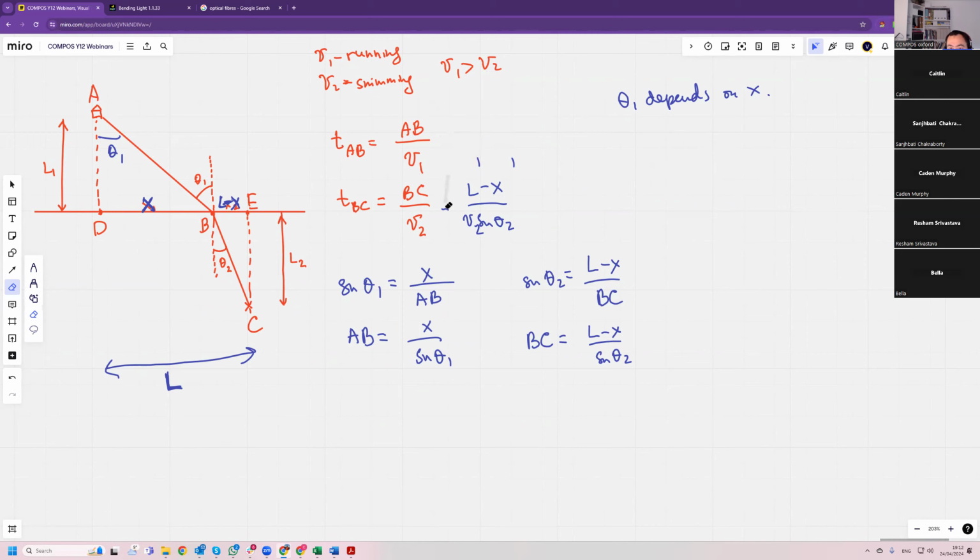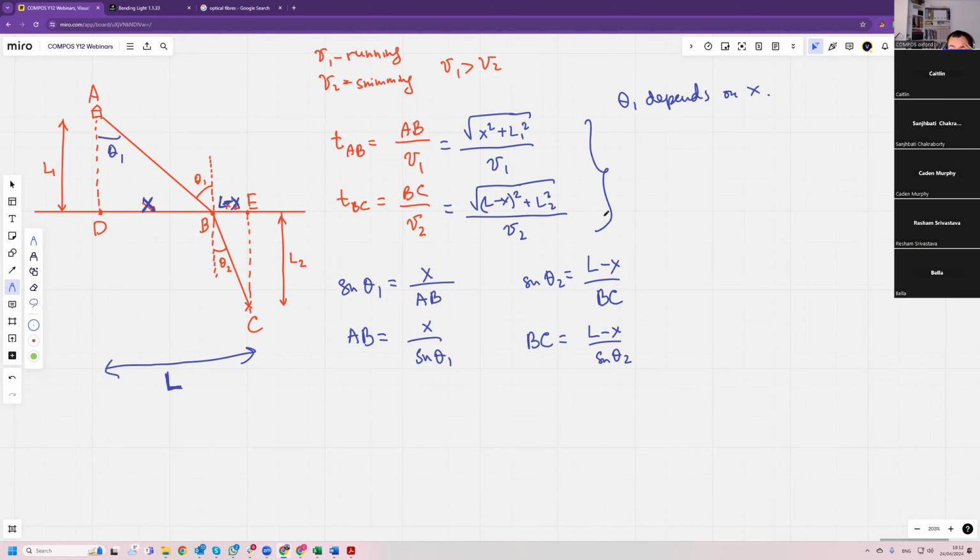No, sorry. Once again, the initial approach was correct. So AB is square root of X squared plus L1 squared divided by V1. And BC is going to be square root of (L minus X) squared plus L2 squared, divided by V2.